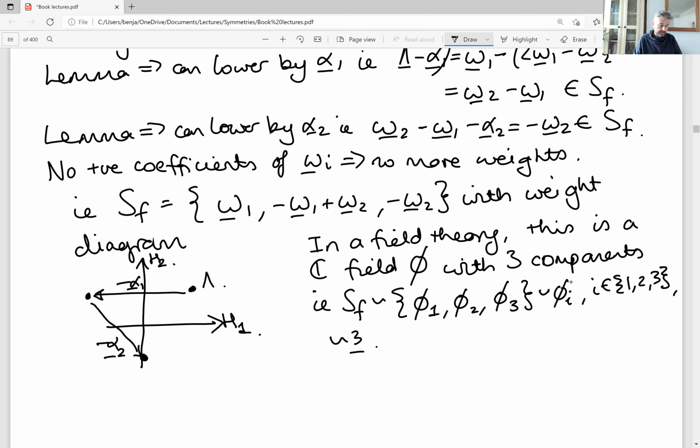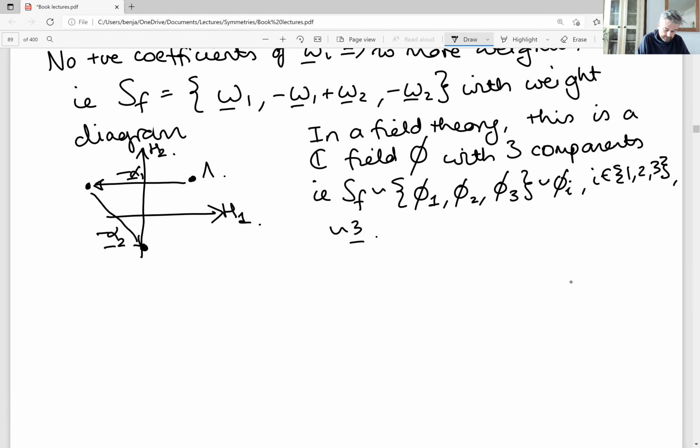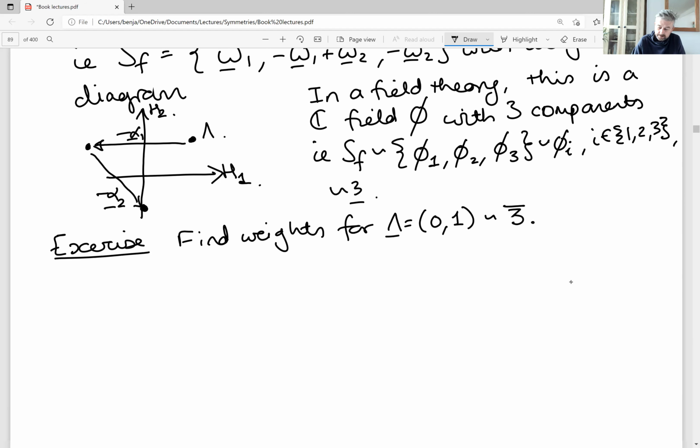There's a little simple exercise to apply this yourselves. Find the weights for a different highest weight state, 0, 1. It turns out this is 3 bar.